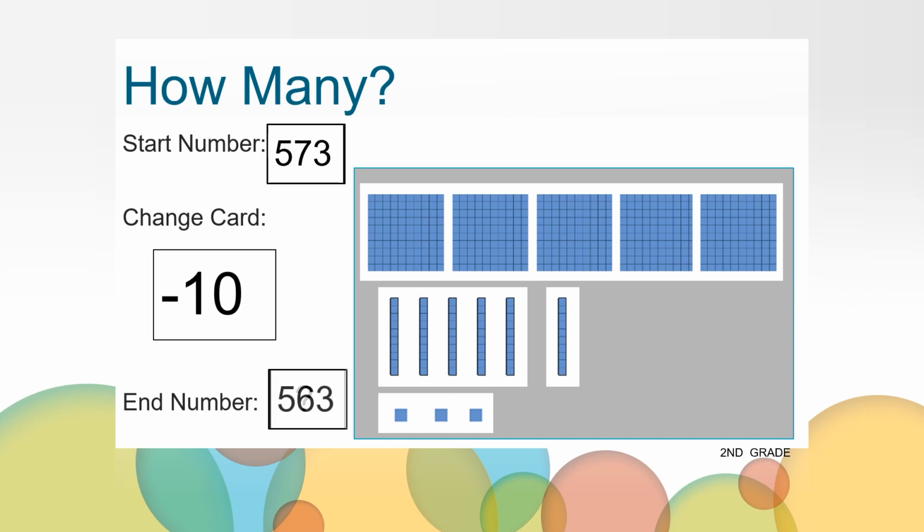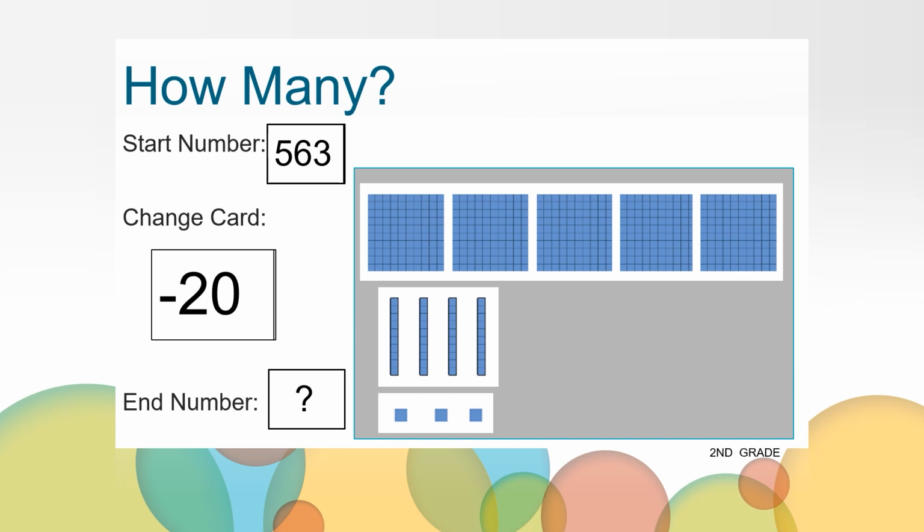We will end at 563. We'll start at 563, and we will take away 20. Where will we end? We end at 543. How did you do?